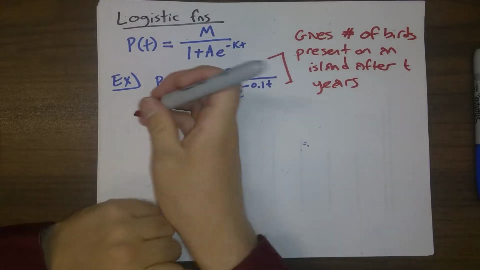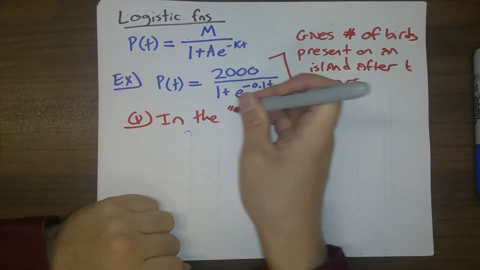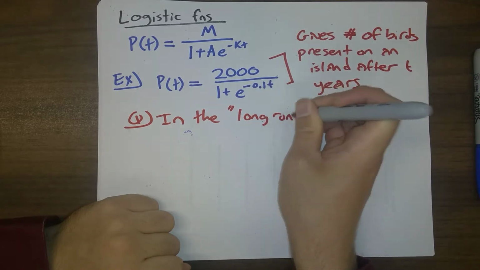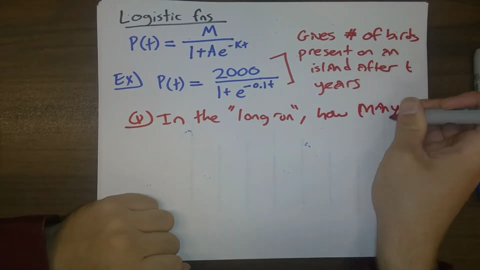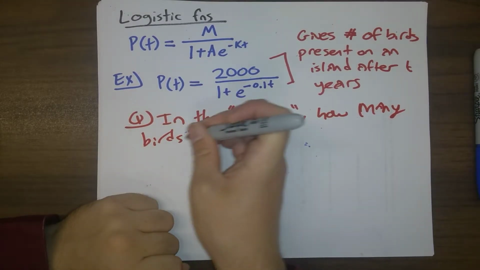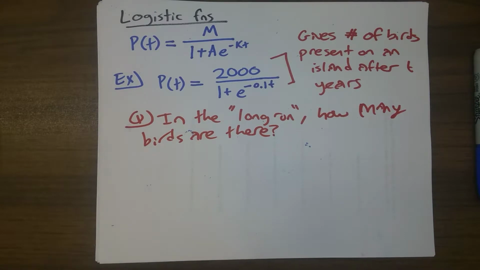And so the question is, in the long run, how many birds are there? So in 100 years, in 1,000 years, if nothing changes, can we predict how many birds are going to be living on the island in any given year?